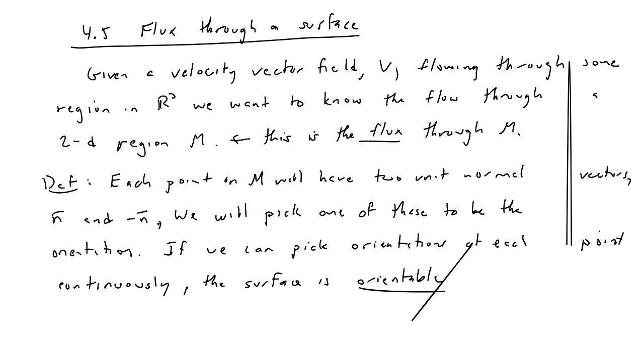And in some ways, to get an idea of what that means, let me look at an example where this isn't true, which is a surface that is not orientable: the Mobius strip. So, question, does anyone know what the Mobius strip is?